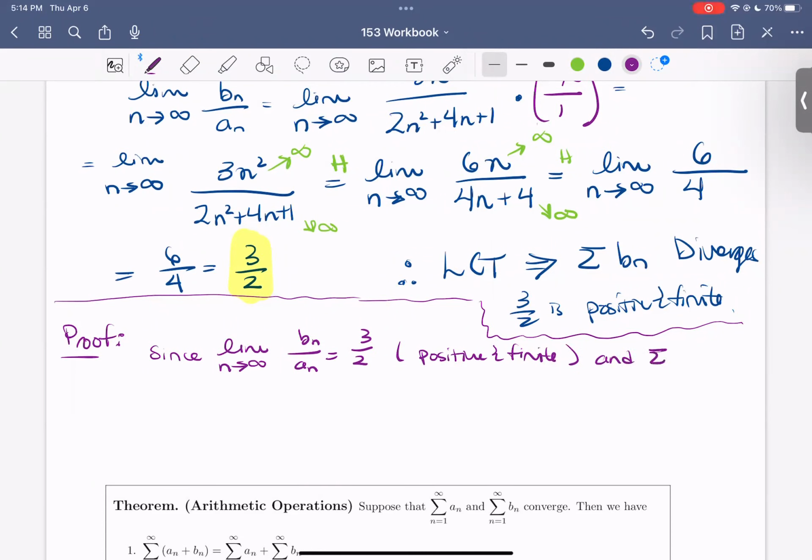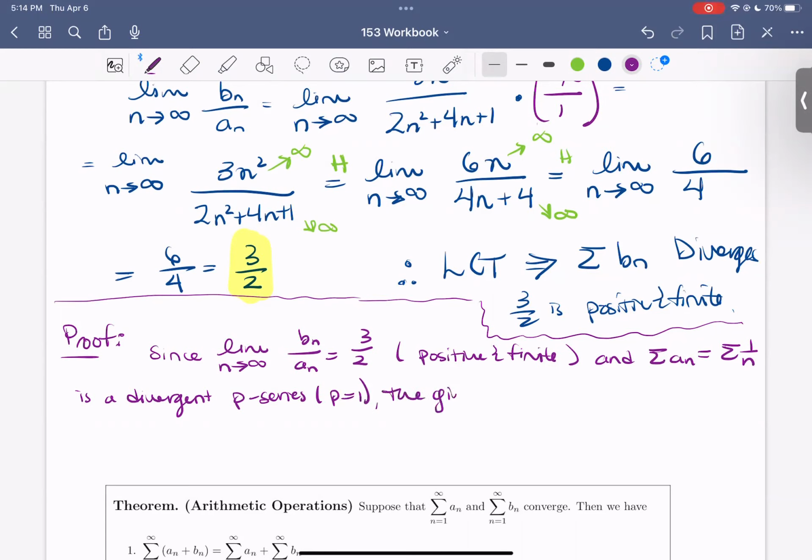And the series of a_n, which was the sum of 1 over n, is a divergent p-series, since here p is equal to 1.